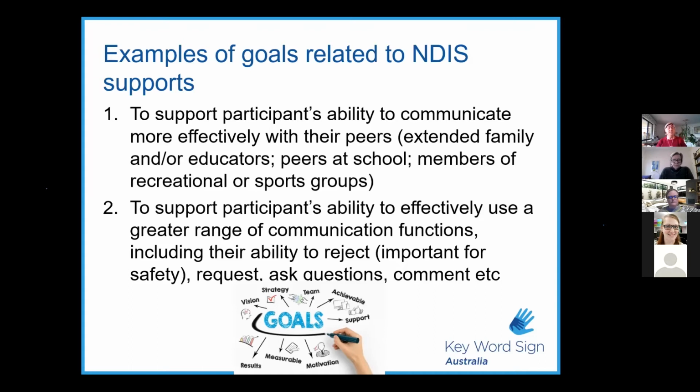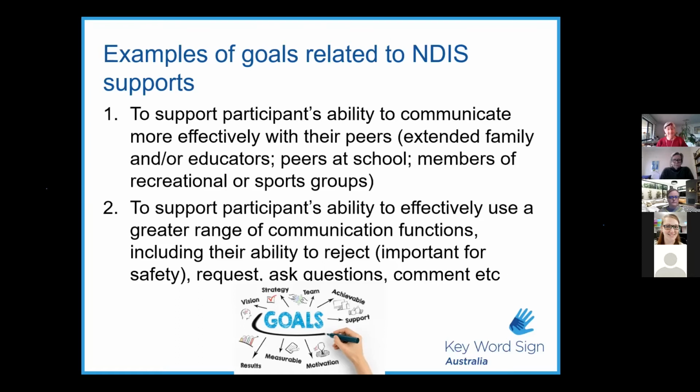Another one might be to support the participant's ability to effectively use a greater range of communication functions so that they're not only able to request but are able to reject or to ask questions or to make comments.